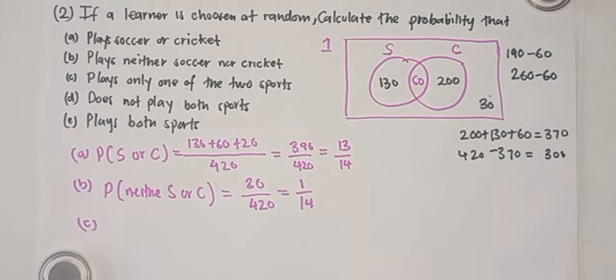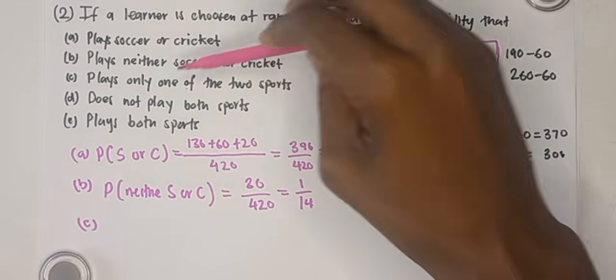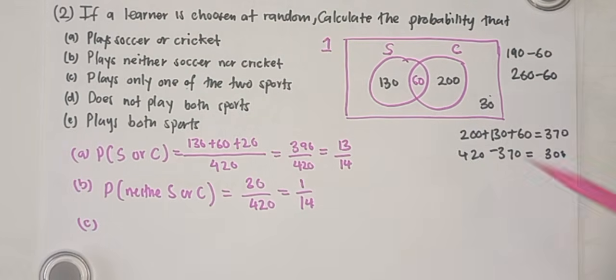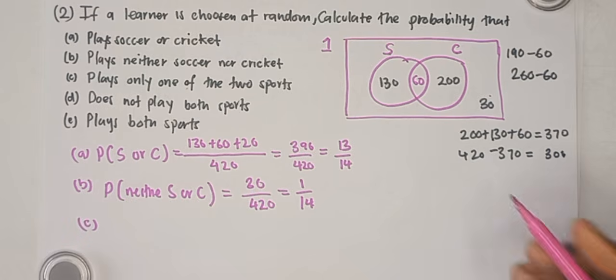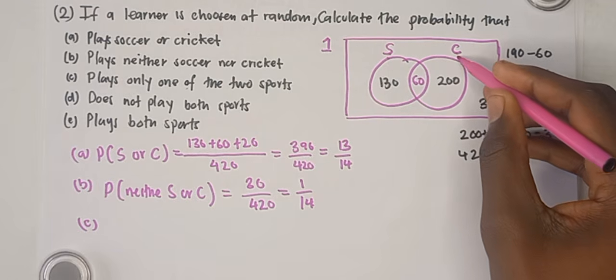Going to letter C, they want to know the probability of playing only one of these two sports. When they say only one, it means there is no both. You can play soccer only or cricket only.